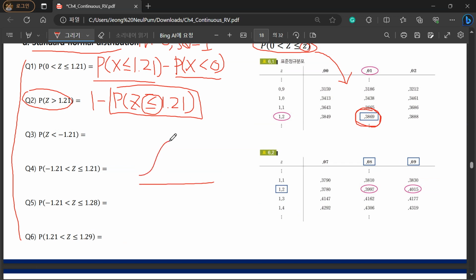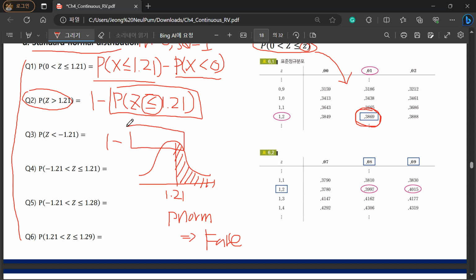Because if you set the lower.tail option as FALSE, let's say that this is 1.21. When we want to get this area, this probability, it is the same as the pnorm function with the lower.tail option as FALSE. Or if you use the lower.tail option as TRUE, the default value, you have to deduct the value from 1.